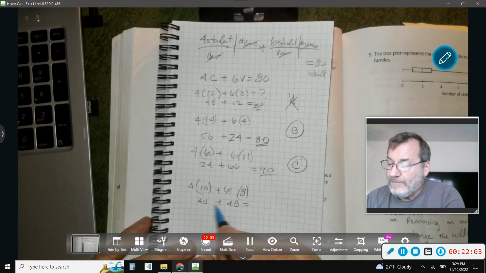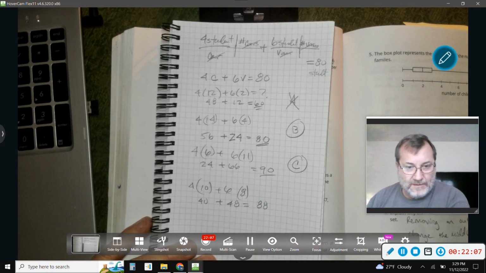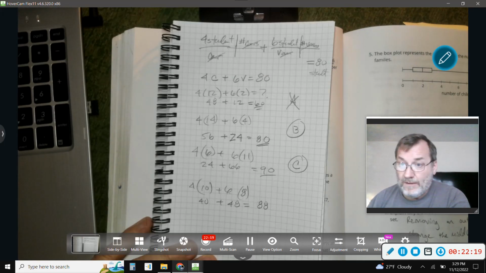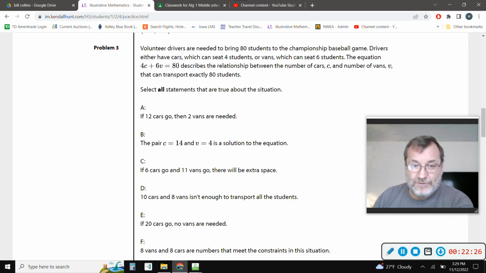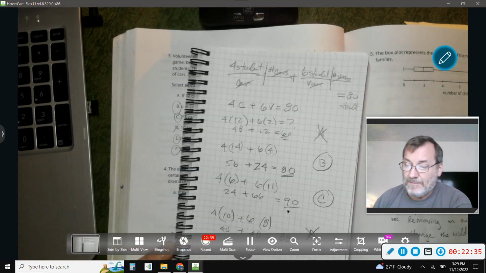And when you add those two, you get 88. Now, the way they worded this: again, select all the statements that are true. Isn't enough to transport all students. Well, this comes out to be 88. There's more than enough. This is not a true statement. Even though that combination will provide you enough seats, the statement is not true. So Delta is not a true statement. Okay? So just keep that in mind.